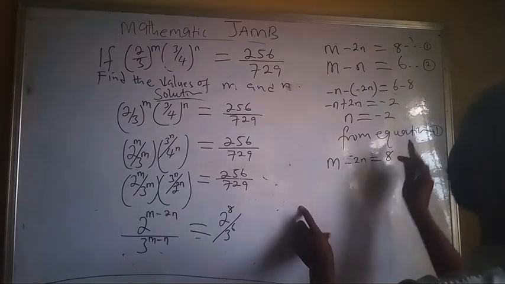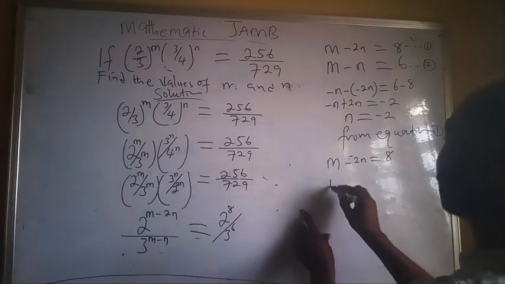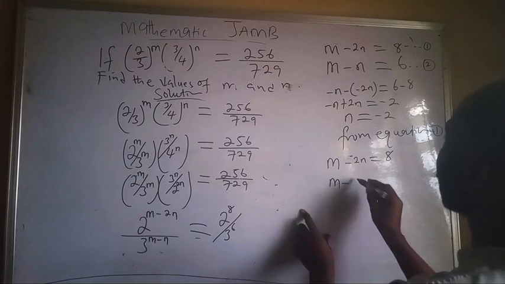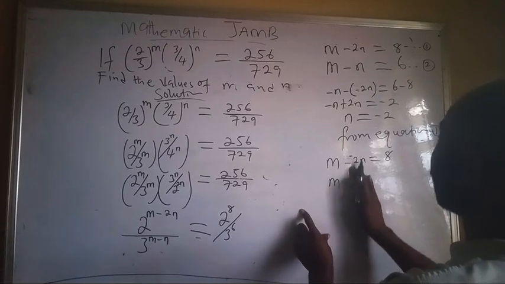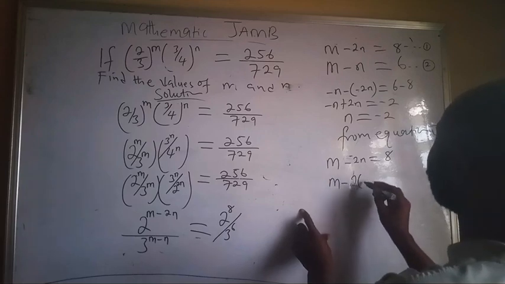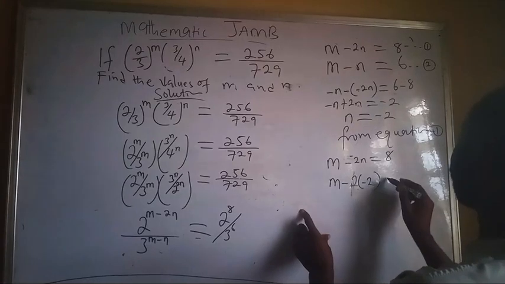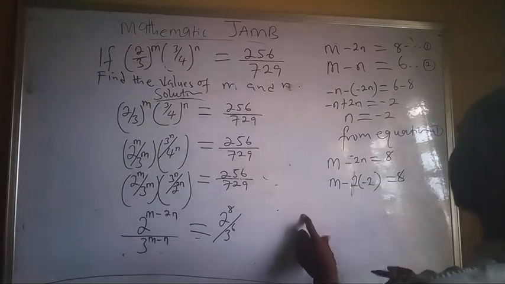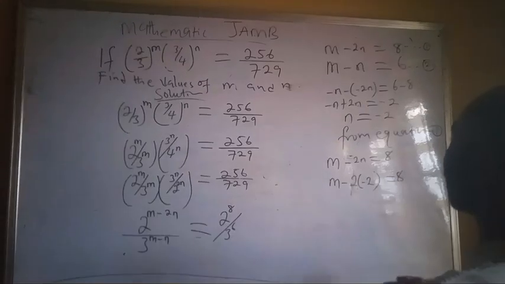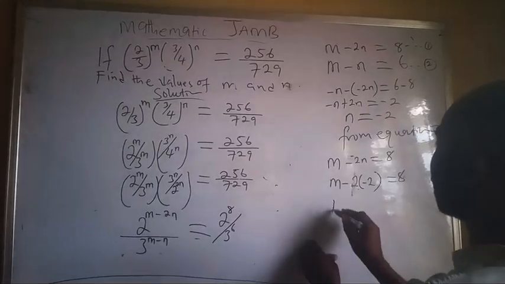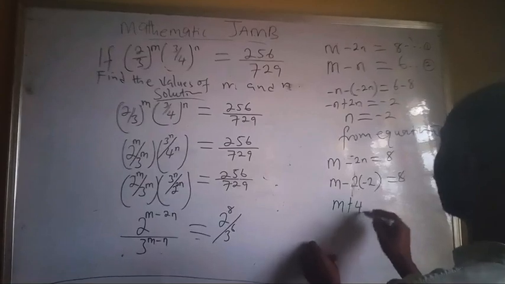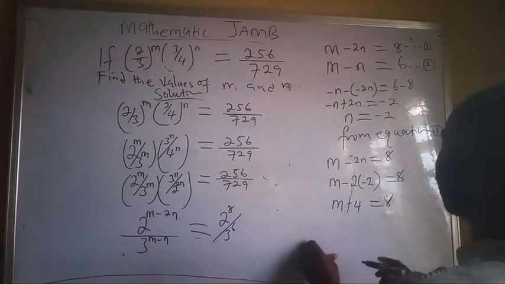So where we see n, we are going to put minus 2. So m minus 2 times (minus 2) is equal to 8, because n is minus 2. So minus 2 times minus 2 is plus 4. So m plus 4 is equal to 8.